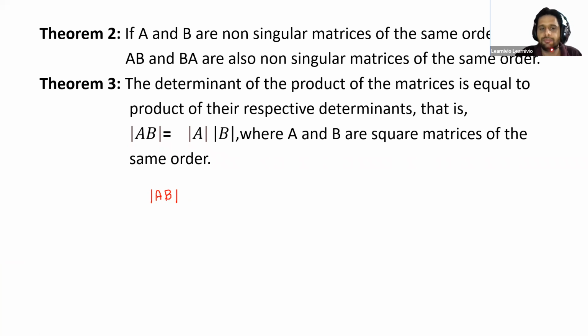We have two matrices A and B. We are multiplying these two matrices, and that will be equal to the determinant of the first matrix multiplied with the determinant of the second matrix. So if you multiply two matrices and then find the determinant of the product, that will be equal to the multiplication of the determinants of both the matrices.